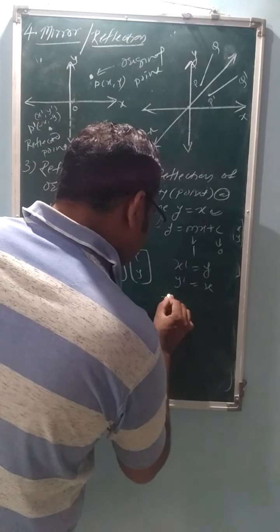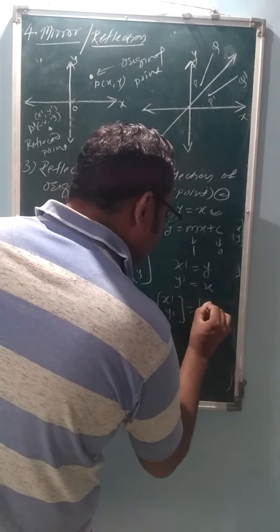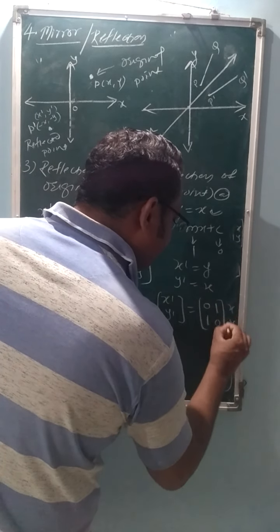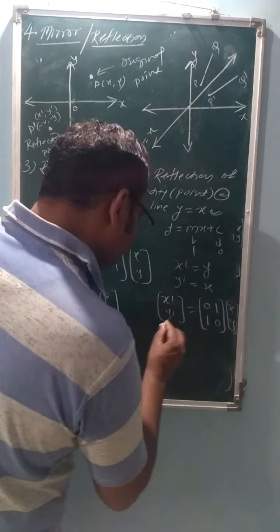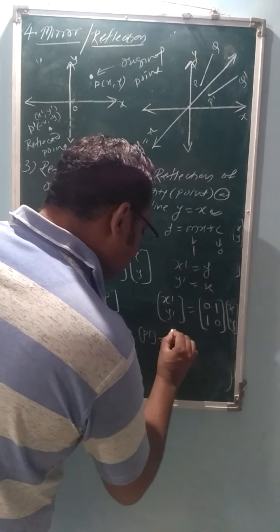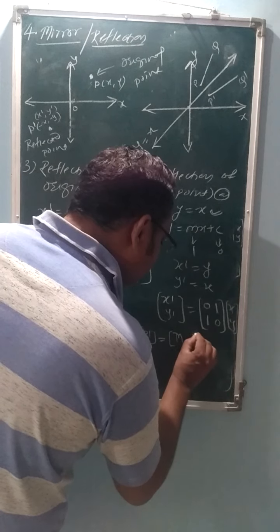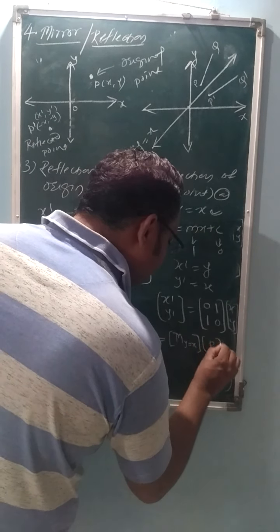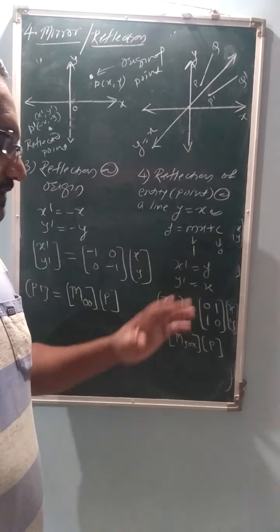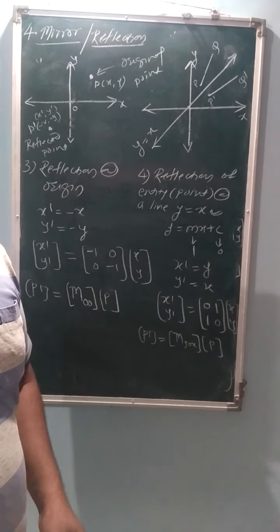So the matrix becomes x dash y dash is equals to 0, 1 and 1, 0 times x and y. So P dash you can write as mirror about line y is equals to x times P. This is the reflection matrix about line y is equals to x. So this is all about the reflection.